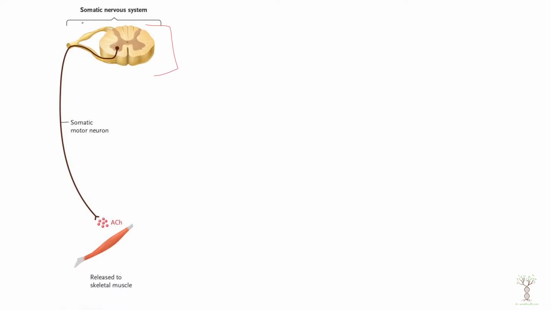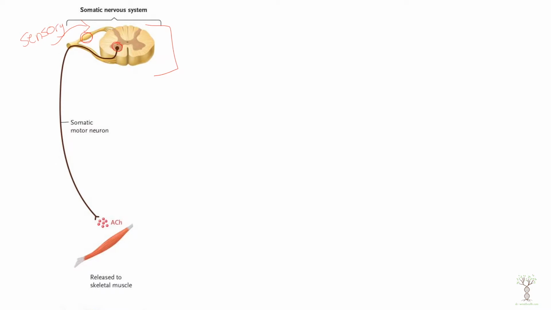And remember from a previous video how we talked about sensory information moving in through the dorsal side. The dorsal root ganglia contain the sensory cell bodies, and the sensory information goes in the dorsal side. The motor information, the cell bodies, are in the ventral horn.